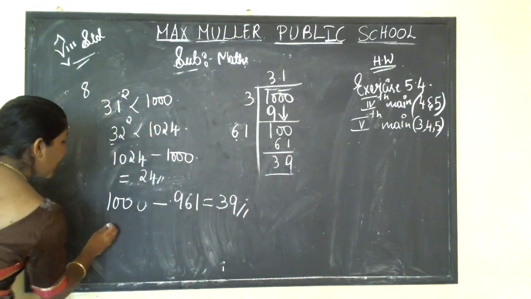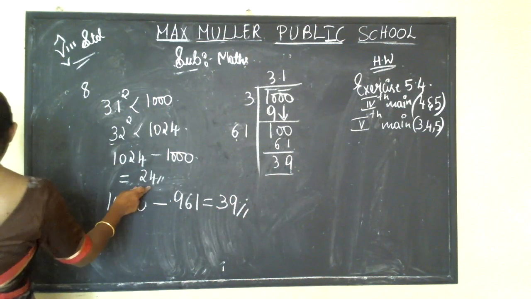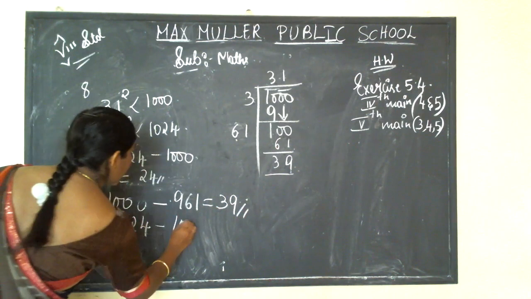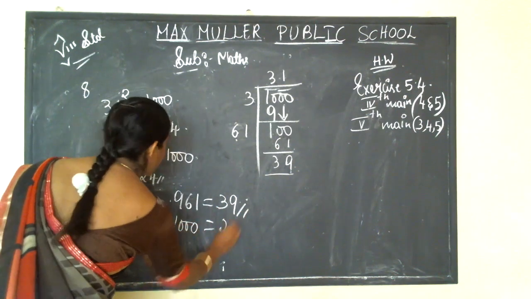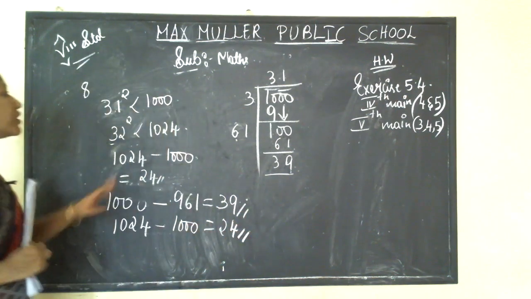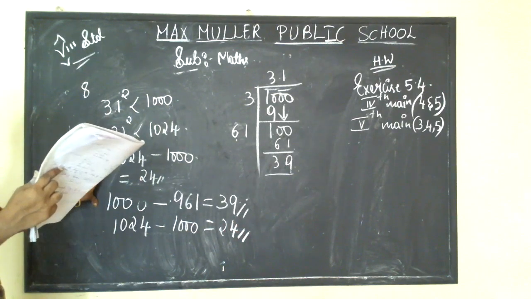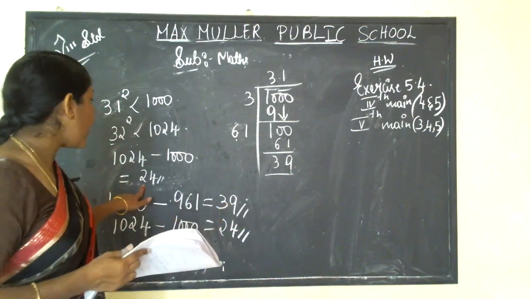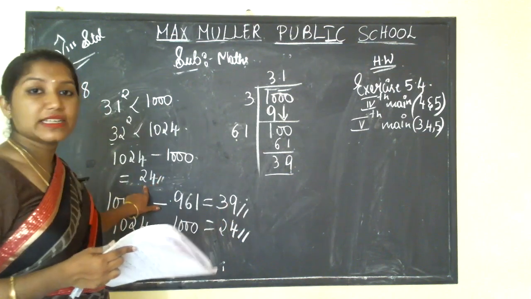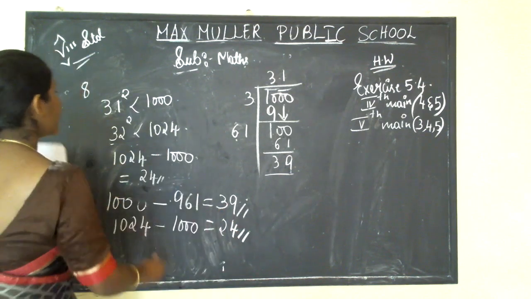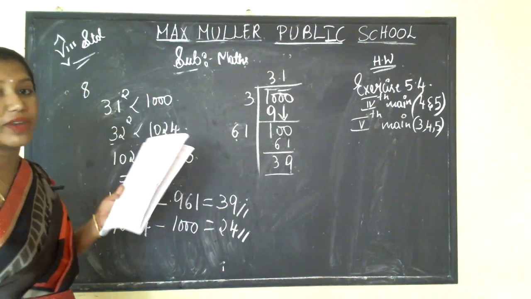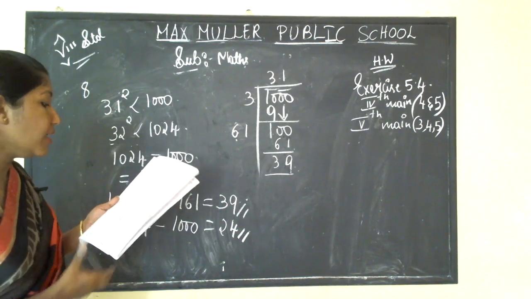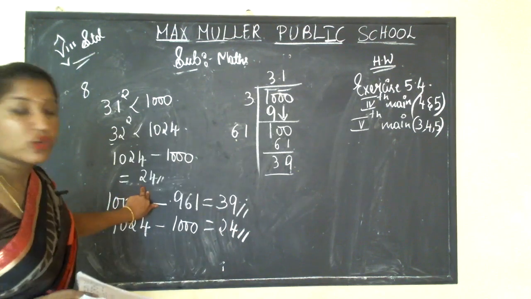39 you got here, and then here 1024 minus 1000, if you do, you will get 24. So you can understand, or you can write, the nearest integer value is 24 or 39. The nearer value, as they have asked in the question, is 24.